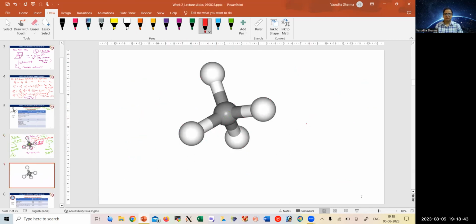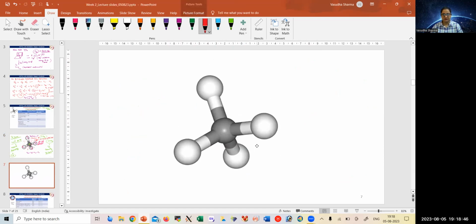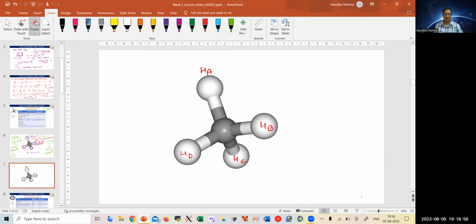Okay. In this particular case, as we said, this is Ha, this is Hb, Hc, and Hd we are having. So there would be 4 faces. What are those 4 faces? The front face would be, or any space, like this.